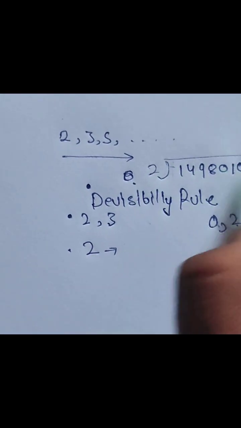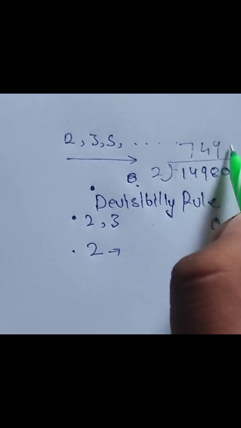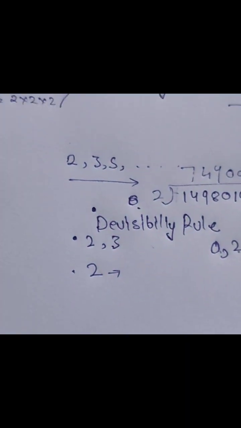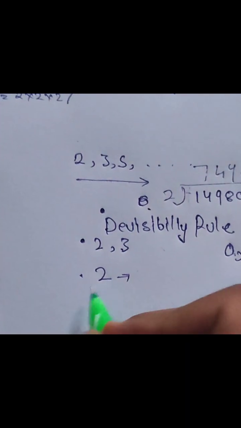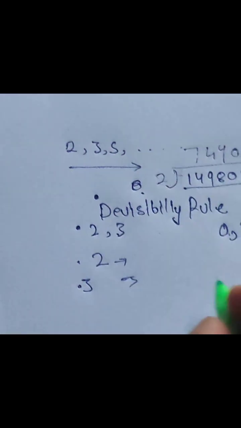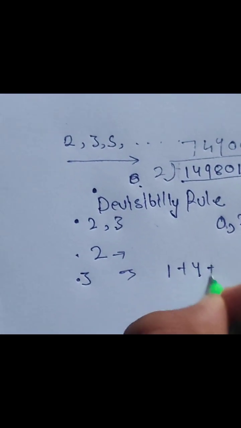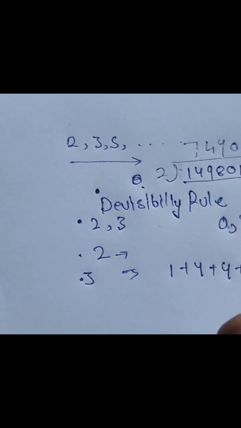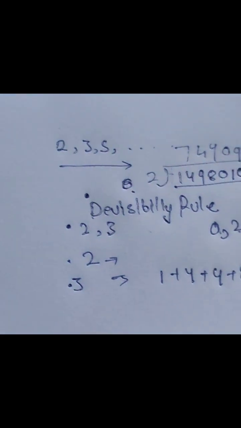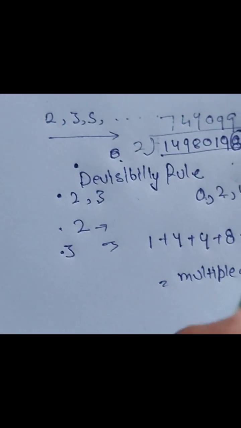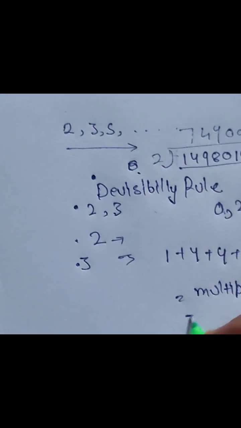For example, 2 7 4 9 0 9 9 ends in 9, so this is not divisible by 2. For 3, if the sum of all the digits, meaning 1 plus 4 plus 9 plus 8 plus 0 plus 1 plus 9 plus 8, is a multiple of 3, then the number is divisible by 3.